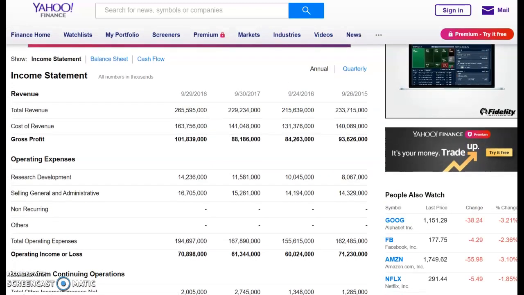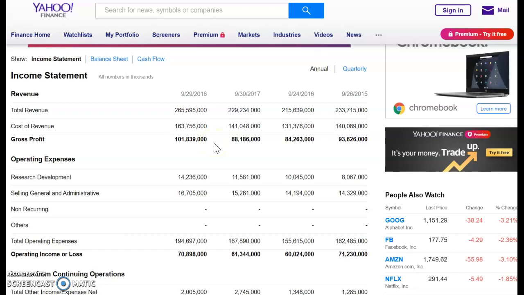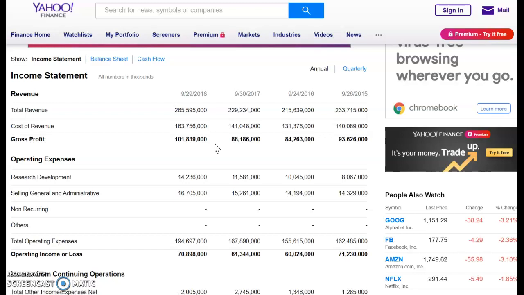So what does the actual accountant do with these financial statements? Well, first of all, the accountant is the person that takes every single business transaction and records these transactions into an account.